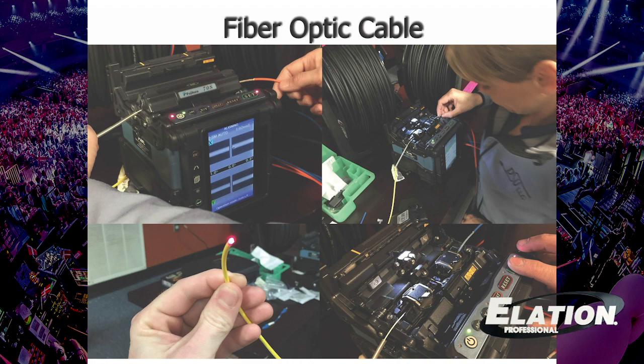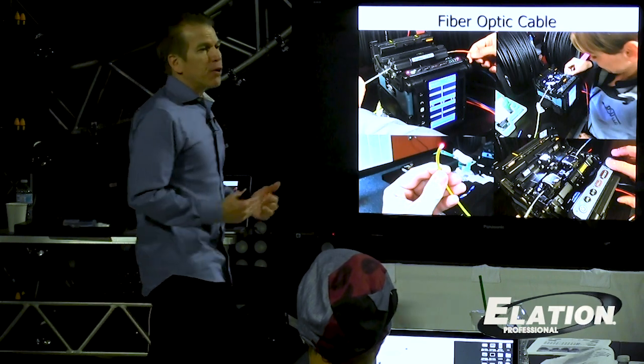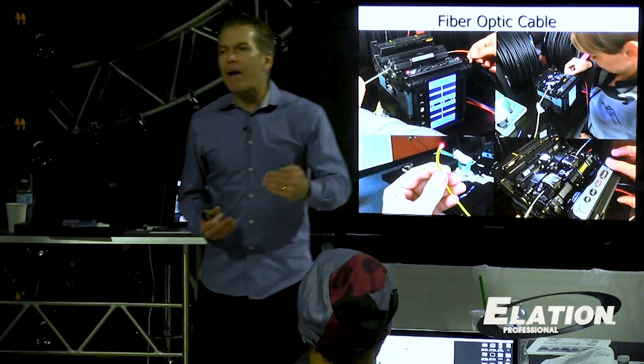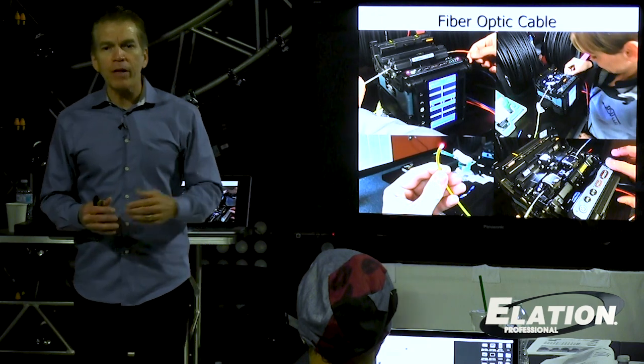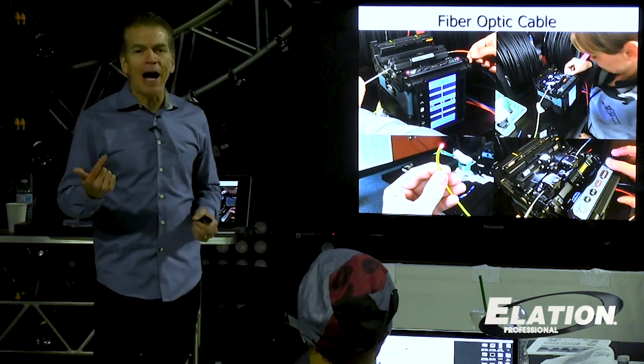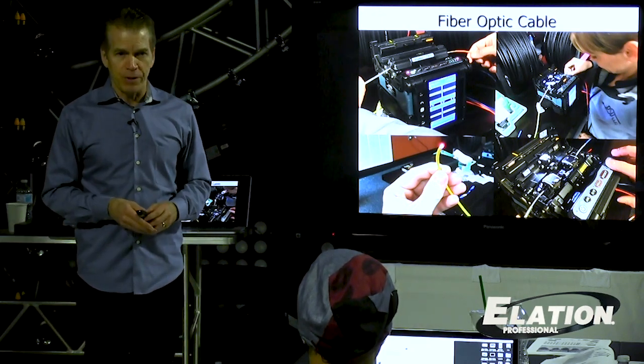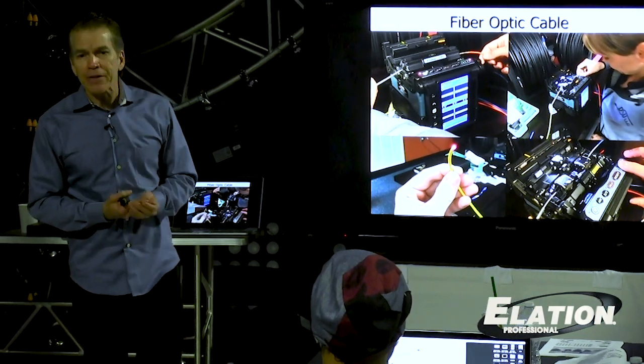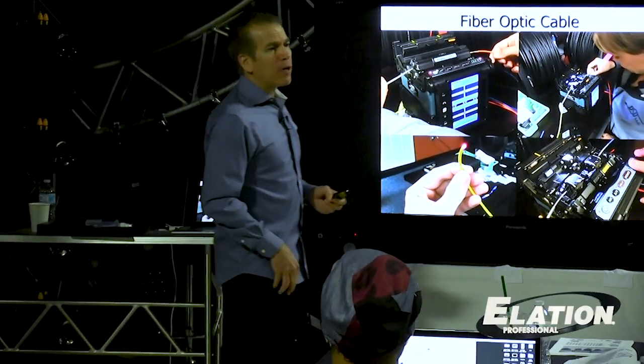And even if you're manually terminating fiber, training's important, because there are safety issues involved. When you cleave fiber, it can develop splinters, and you don't want to get a glass splinter in your eye or on your hands, on your fingers. So they have various classes that will train people how to be fiber techs.